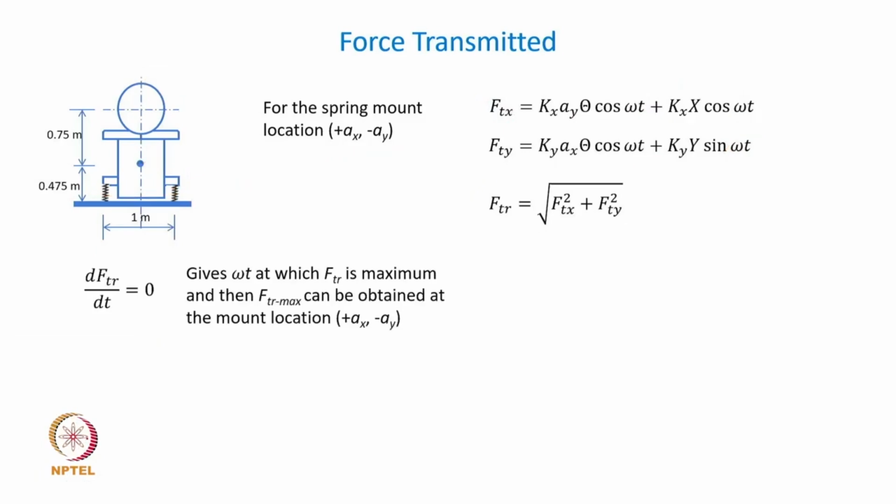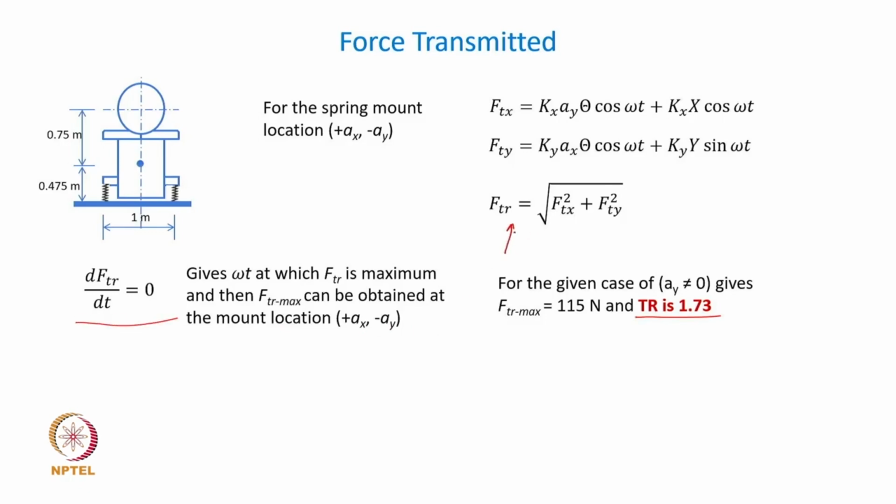With this, we can obtain the FTR max, and then if you divide it by the applied force, we can find out the transmissibility. Those calculations I am skipping just to give you an idea as to how this is to be solved. So, once you substitute for omega t, which you can get by equating the derivative to 0, into this expression, you get the maximum transmitted force, and that turns out to be approximately 115 newtons.